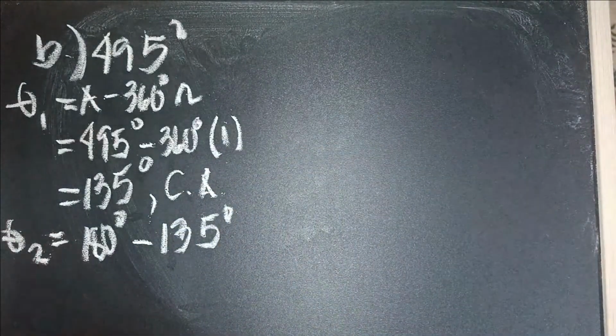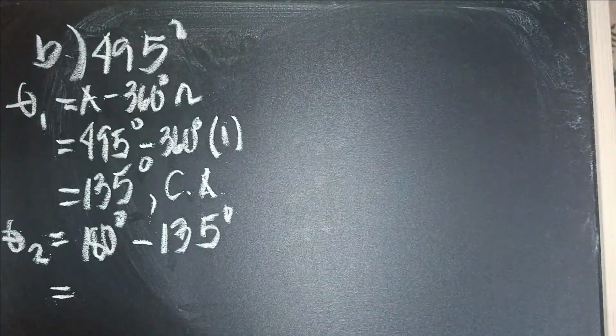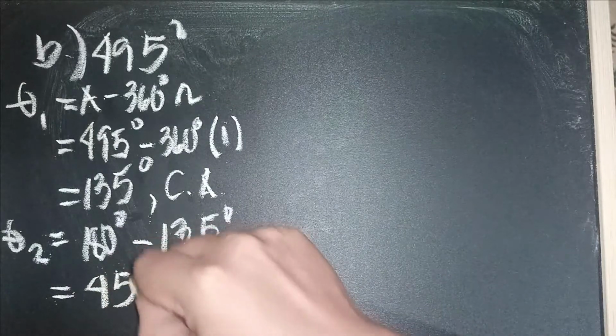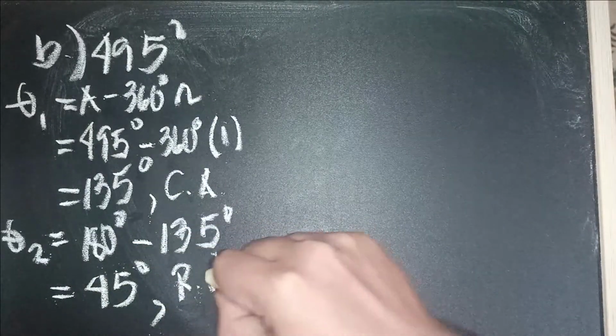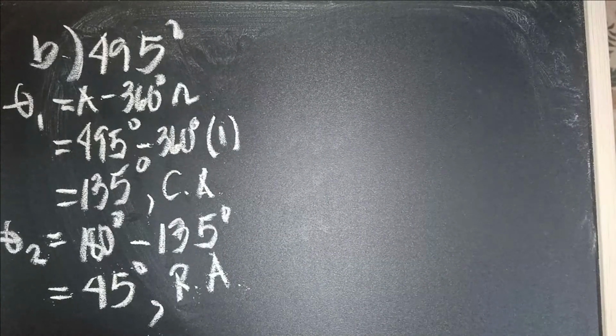That is the smallest positive coterminal angle of 495. So this is 180 degrees minus 135 degrees, which is 45 degrees. So this is now the reference angle of 495 degrees.